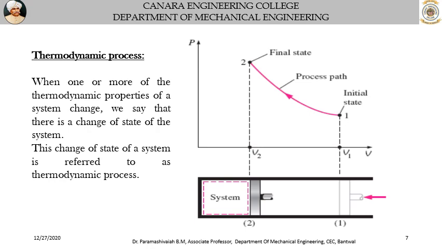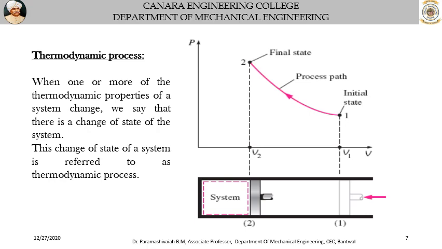Then thermodynamic process: when one or more of the thermodynamic properties of a system change, we say that there is a change of state of the system. This change of state of a system is referred to as a thermodynamic process. Initially we changed the property volume from V1 to V2, thereby changing the property pressure from P1 to P2.